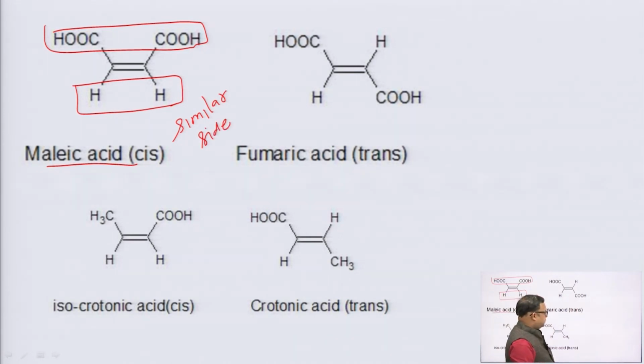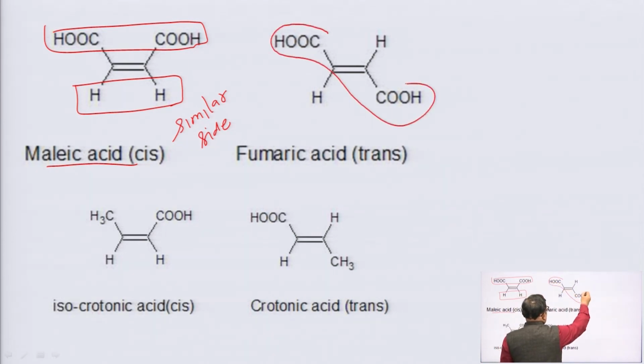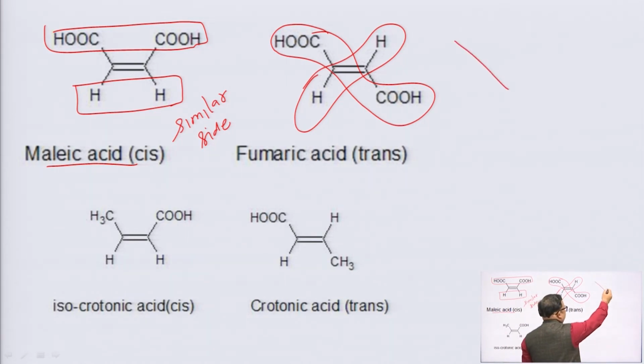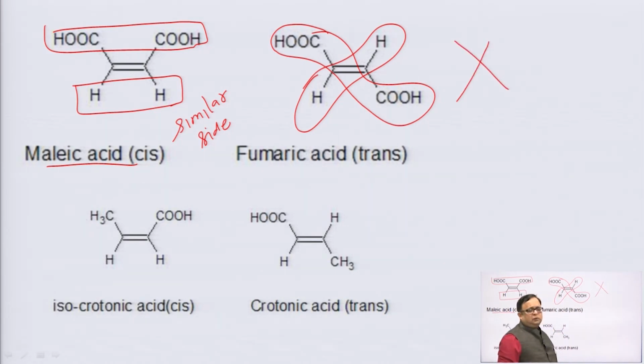But if we talk about fumaric acid, which is the trans isomer of maleic acid, these two COOH groups are present opposite to each other, and these two hydrogens are again present on the opposite side. So, it is making an X-like structure. So, maleic acid is a cis arrangement and fumaric acid is a trans arrangement.